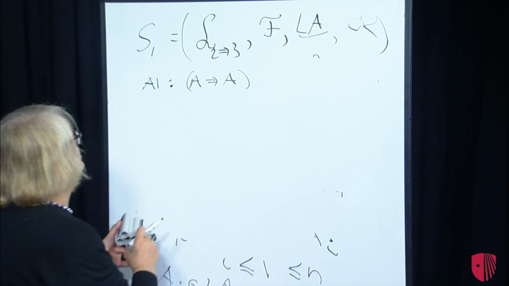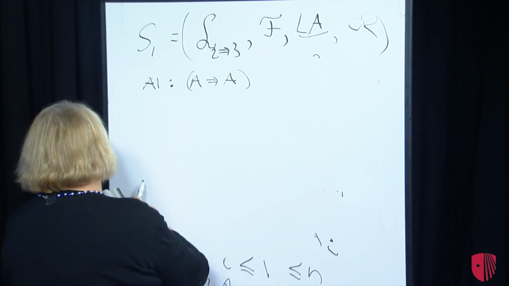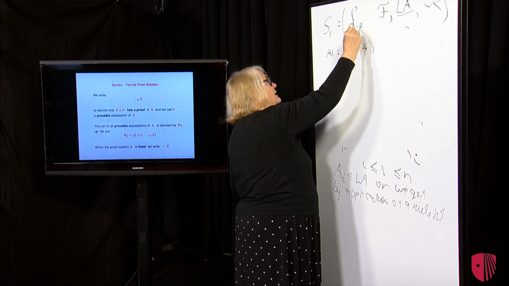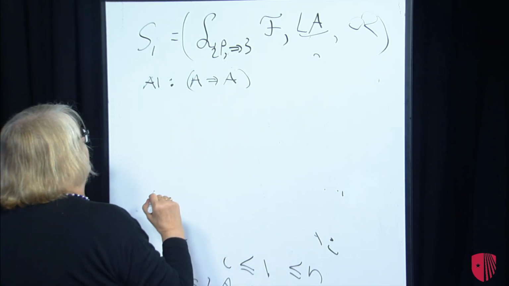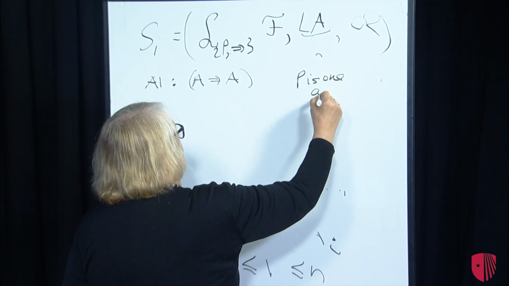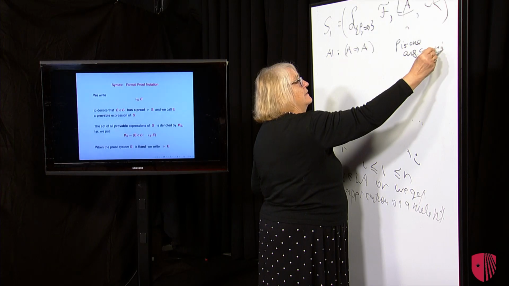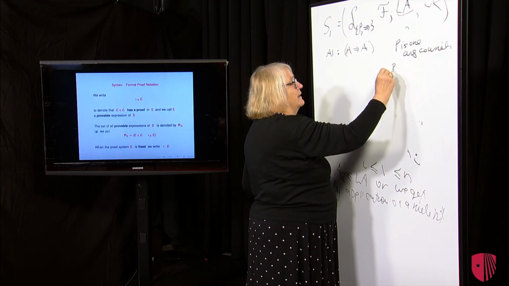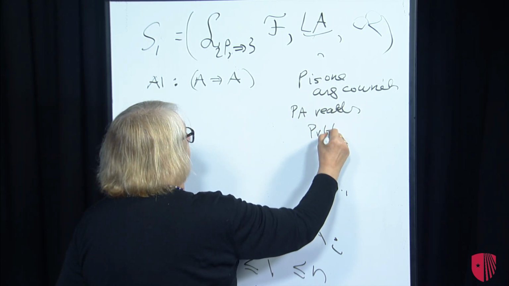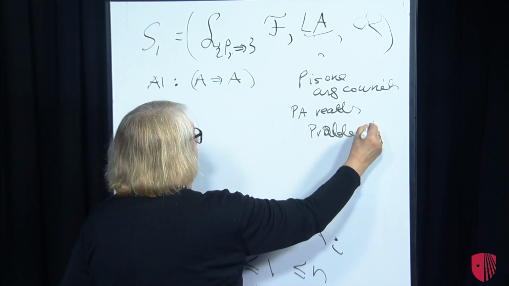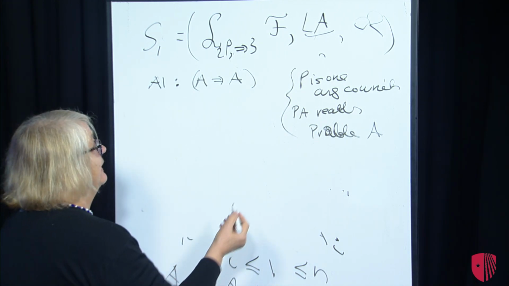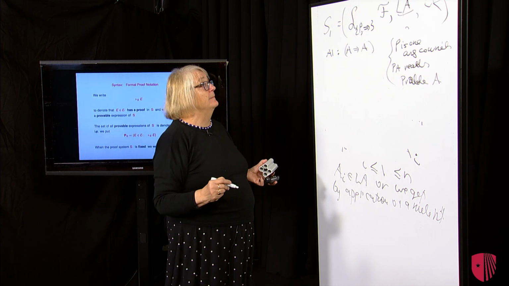Let's do the language. I have two connectives, P and implication, where P is a one-argument connective. PA reads, for example, "provable A", whatever. It's your symbol for whatever you want to read. And implication is a two-argument connective.